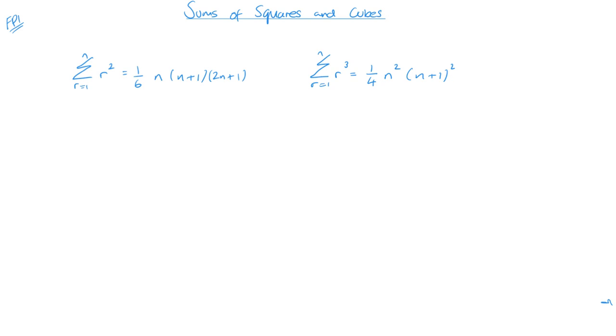The sum of r squared is 1/6 n, n plus 1, 2n plus 1, and the sum of r cubed is 1/4 n squared, n plus 1 squared. Okay, now you can prove these using mathematical induction. That'll come in the final chapter of FP1, so I won't dwell on that now.